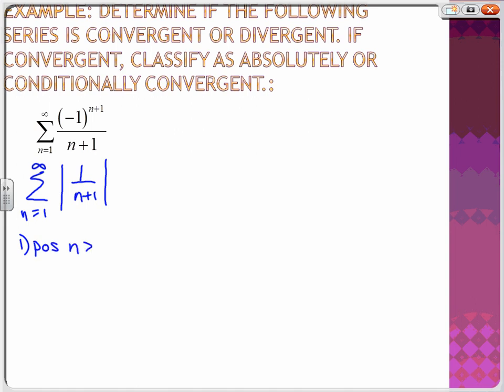So it's positive for n greater than 1 or greater than 0.